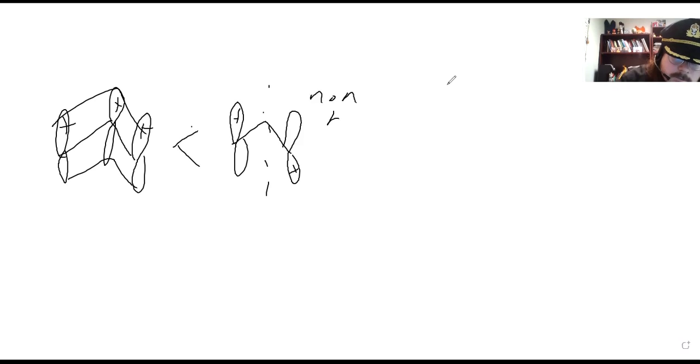Non-bonding. This is different from our anti-bonding. This is our pi bonding. We have a non-bonding because it's the same as isolated p orbitals. So it's non-bonding, and then the anti-bonding.